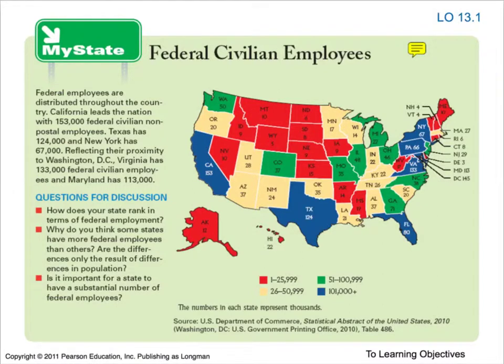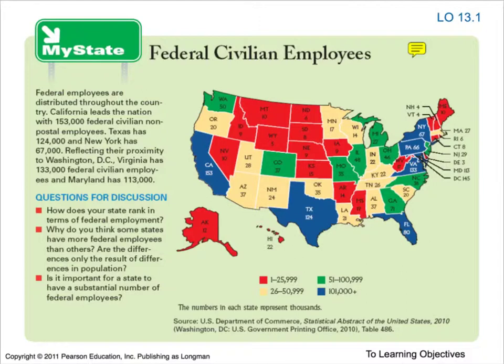California, 153,000. Florida, 80,000. So all these states in blue have a lot of federal workers. The states in red have a lower number of federal workers. The states in green have a moderate number. The states in brown have not the lowest, but not the highest, certainly.